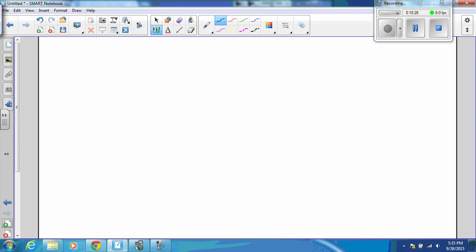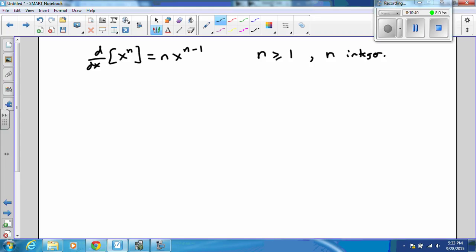That's kind of it. I want to extend this just a little bit and consider we have a power rule for n's greater than or equal to 1 for integers. Well, what about the case where n is equal to 0?